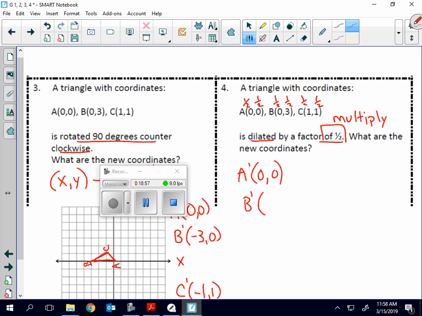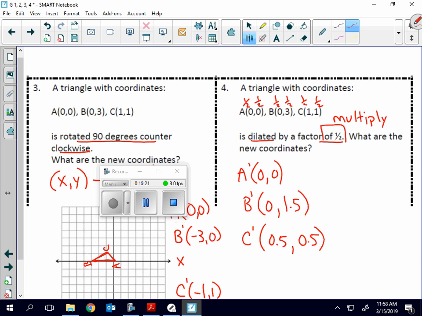B prime, 1/2 of 0, still 0. 1/2 of 3, you can do it as a decimal if you'd like. 1/2 of 3 is 1.5. You can use your calculator if you need to. C prime, well, 1/2 of 1 is just 1/2, or 0.5. You can write the fraction of 1/2, or 0.5.